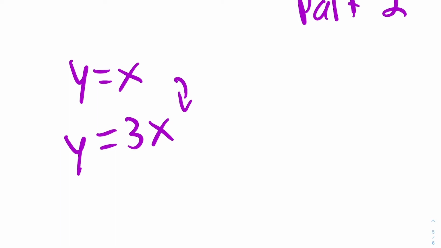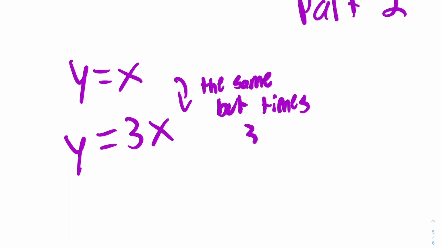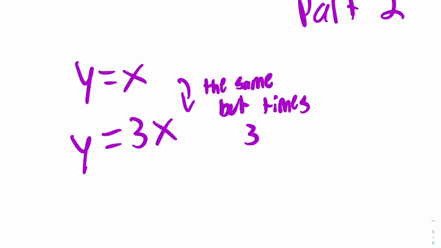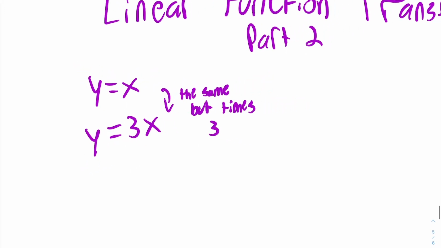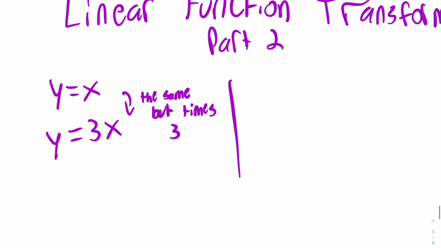Well, this one is the same thing, but times 3. It's the same exact equation. Everything's the same, except we're multiplying by 3. So let's write that in function form. f of x equals x. The second equation is y equals 3x.